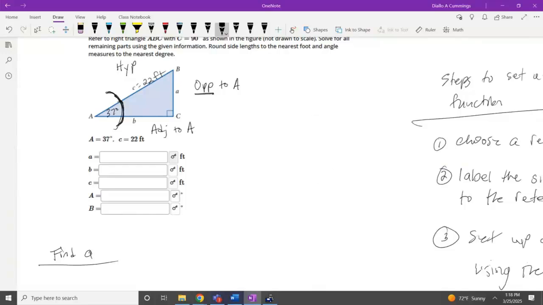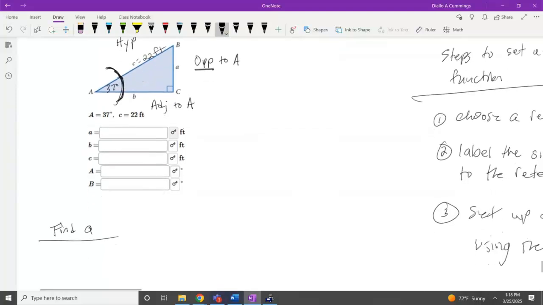I don't know A, I don't know B, but I'm given the hypotenuse and my reference angle A. So what kind of function could you set up with an opposite and a hypotenuse? Well, if we look at the chief SOHCAHTOA, the sine is the opposite over the hypotenuse. So I'm going to use a sine function.